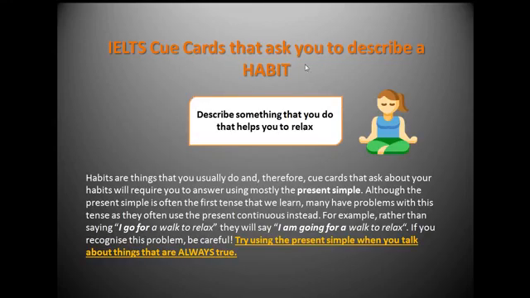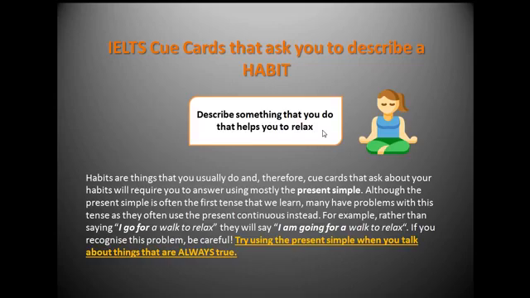Now, the cue cards that ask you to describe a habit. Again, a lot of topics can be asked on your habits. An example, describe something that you do that helps you to relax. You can even have a topic such as describe a bad habit that you gave up.